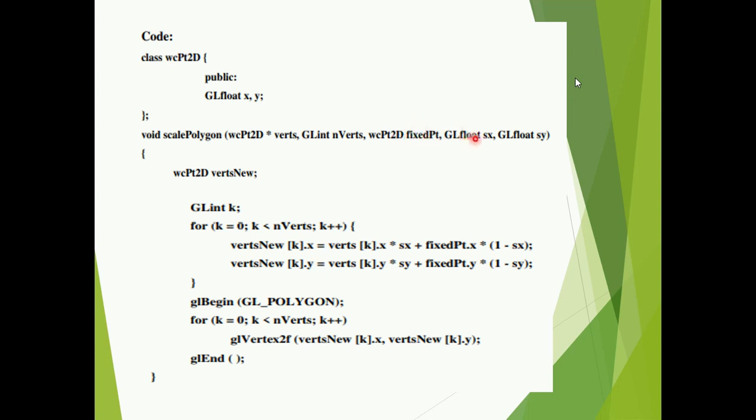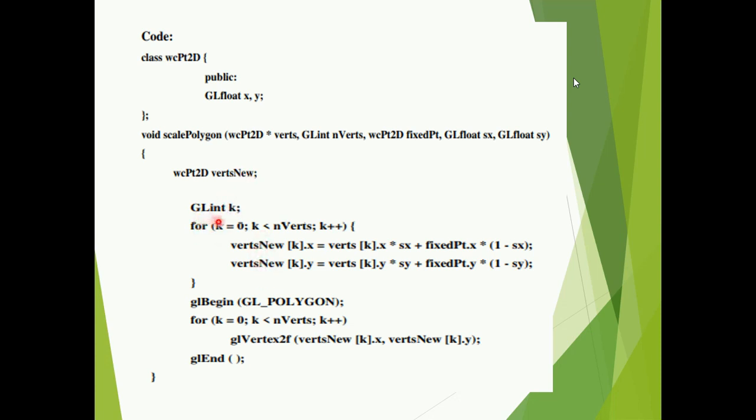And next we have float sx and sy. So these are the scaling factors. And next we have Point2D vertexNew. This is a variable you are going to define for the new vertices, the vertices you are going to generate after the scaling process.